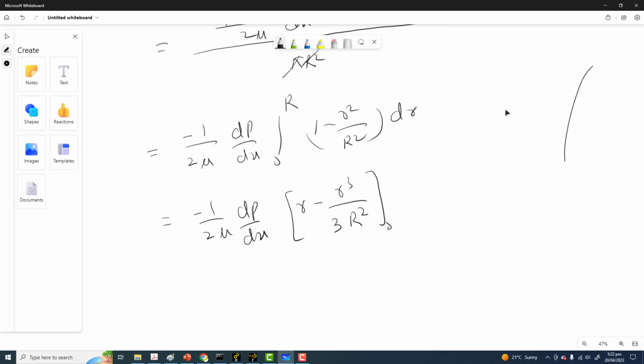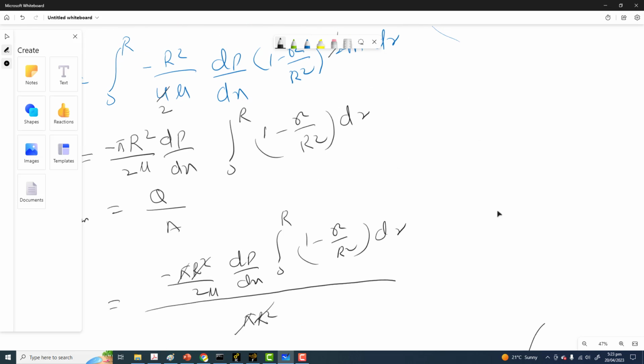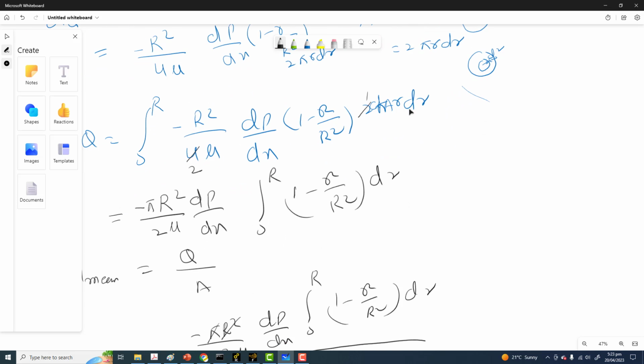So the limits are 0 to R. If you simplify this, this will be minus 1 upon 2 mu and dp by dx, and here r cube upon R square will be the r, so this will be r upon 3, which is 1 minus 1 upon 3. Okay, there is one correction also. There should be one more r here, so this r should be considered and multiplied here.